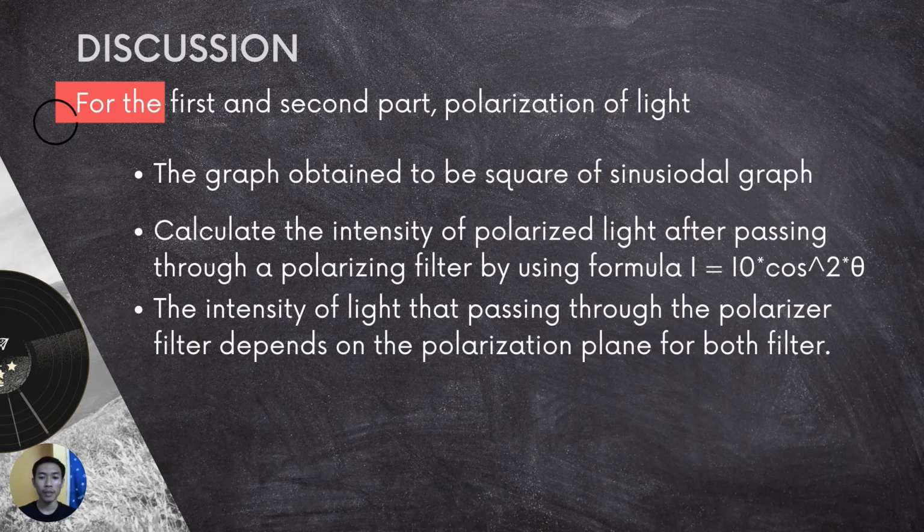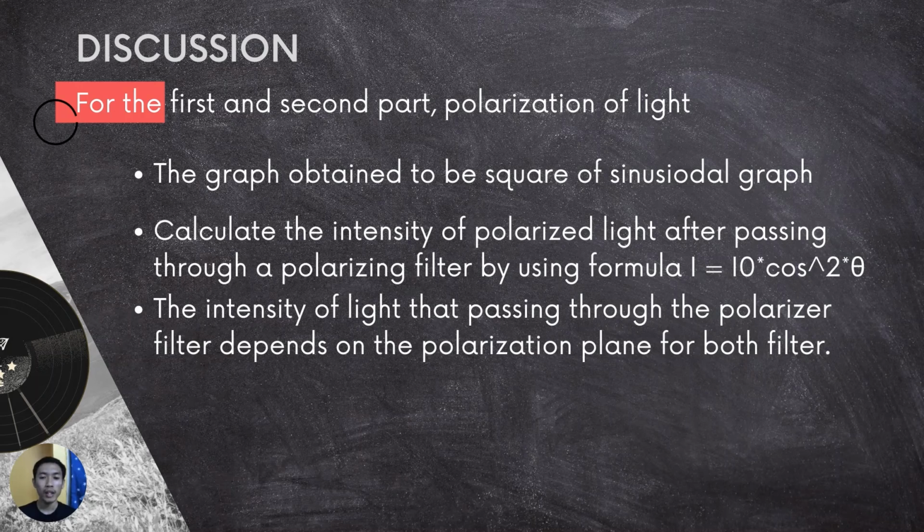Since both of them can only let light pass in one plane, when the plane of the polarizer that allows light to pass through was not in the same orientation, it will block the light. That's why as the angle changed from 0 degrees to 180 degrees, the intensity of light increased and then decreased to its original intensity.